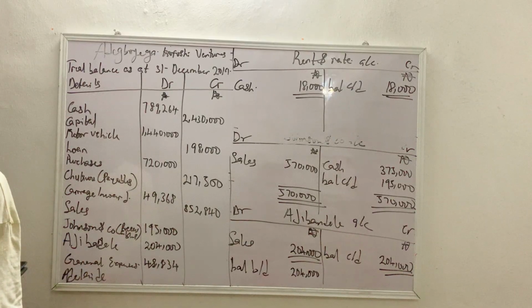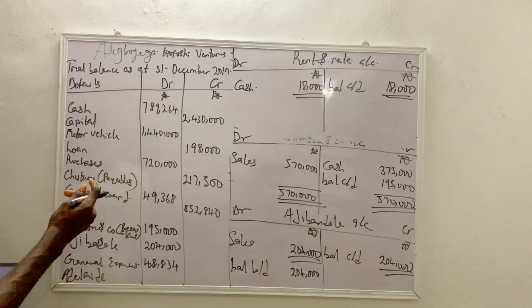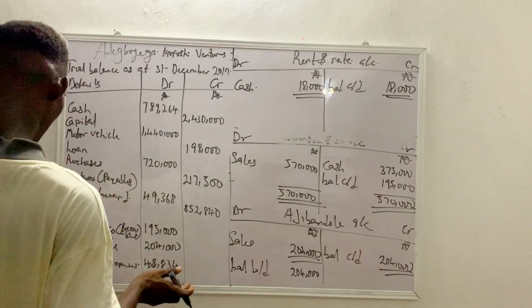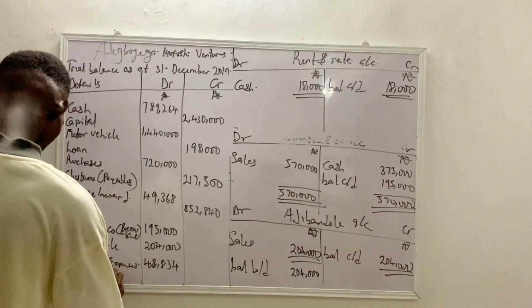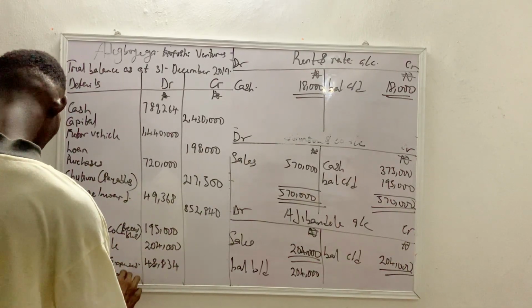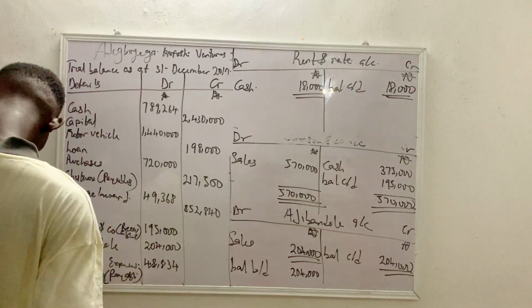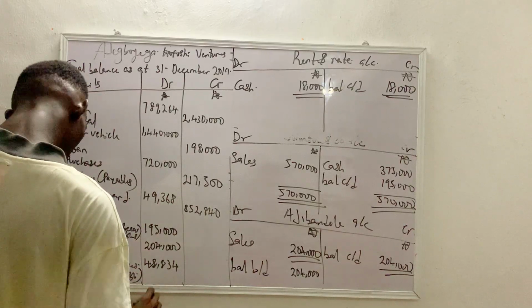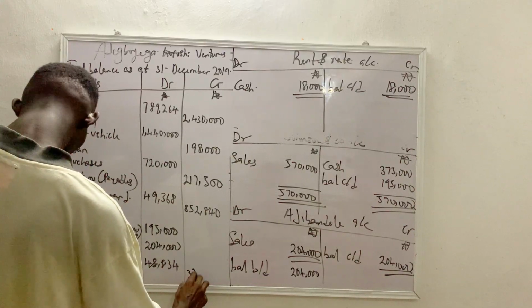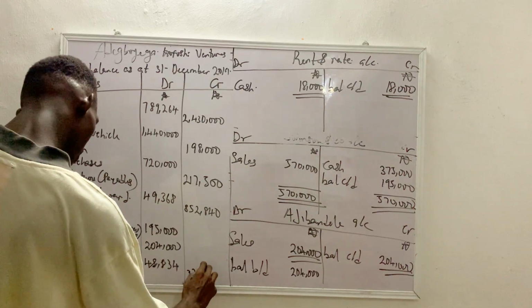Now who is Adelaide? Looking at the balance, Adelaide is on the credit side. So that's a payable. Adelaide, 332,556.